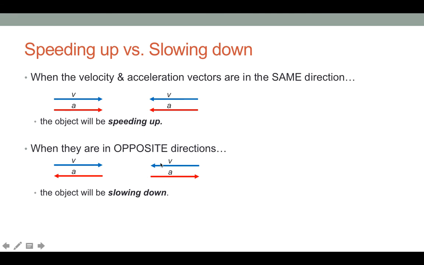And here, this vector is going in the opposite direction as the acceleration. So again, when we add a small change of velocity, it will make this vector smaller. But note, when we have a positive acceleration, which is what we have here and what we have here, we do not necessarily have it speeding up. It's how the velocity and the acceleration vectors are oriented relative to each other that determines speeding up and slowing down.